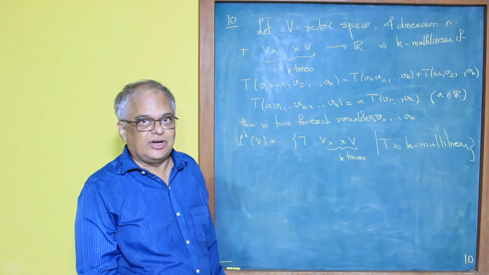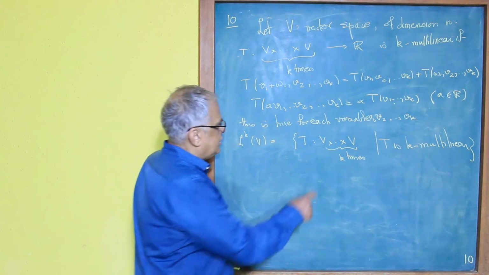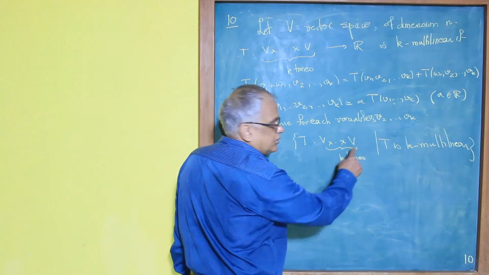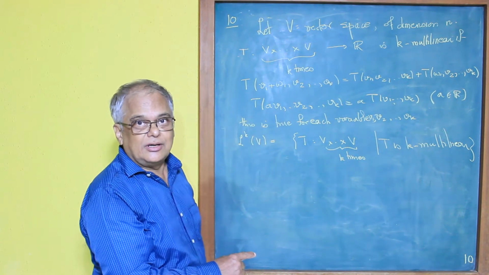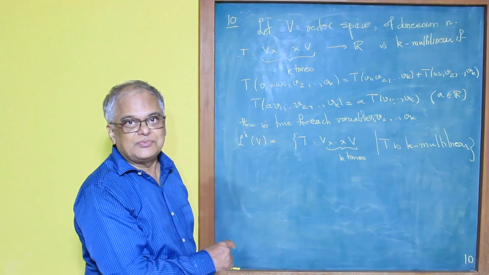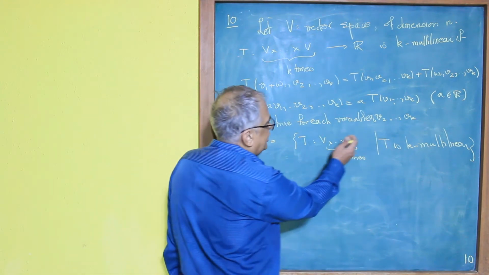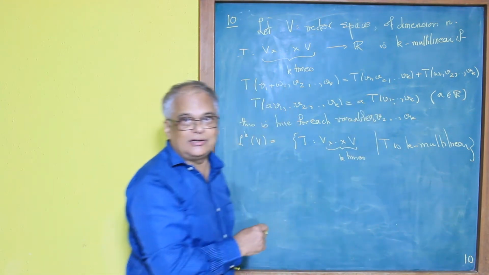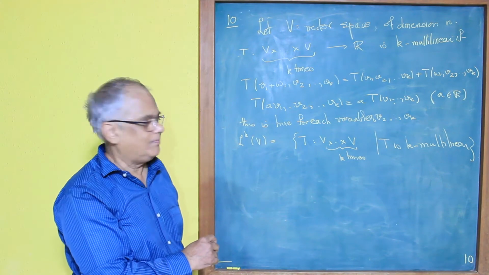But that vector space structure is one that you put on the whole space. For k-multilinear maps, we are keeping all the other variables fixed and looking at it as a function of only one variable.